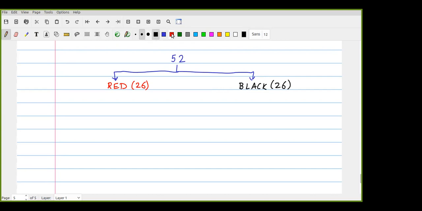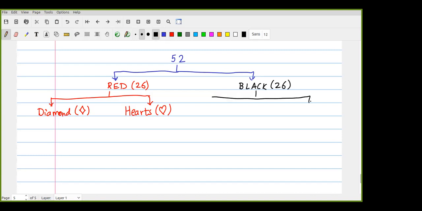In red we have two suits: one suit is diamond and the other is hearts. In black we have spade and club.